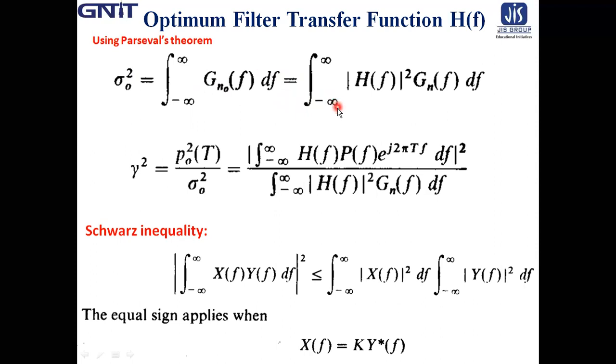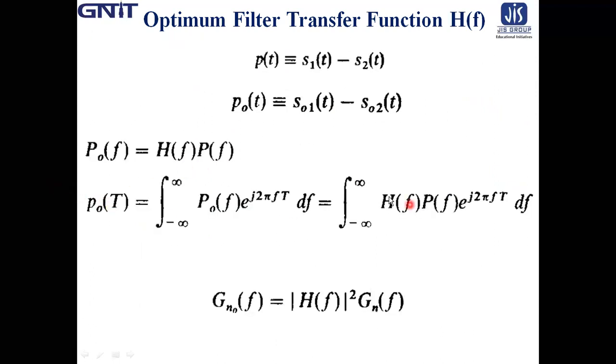So that is the integral from minus infinity to plus infinity of |H(f)| square Gn(f) df. Therefore, gamma square equals p0 square(t) by sigma 0 square, and we just put the value of p0(t) here and square it.